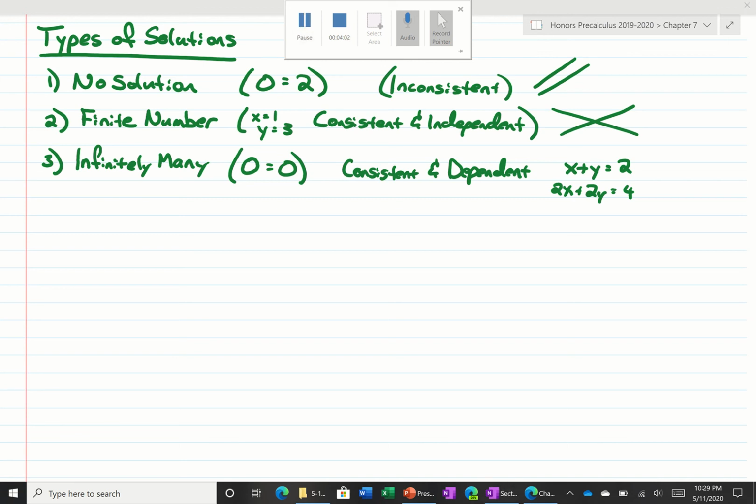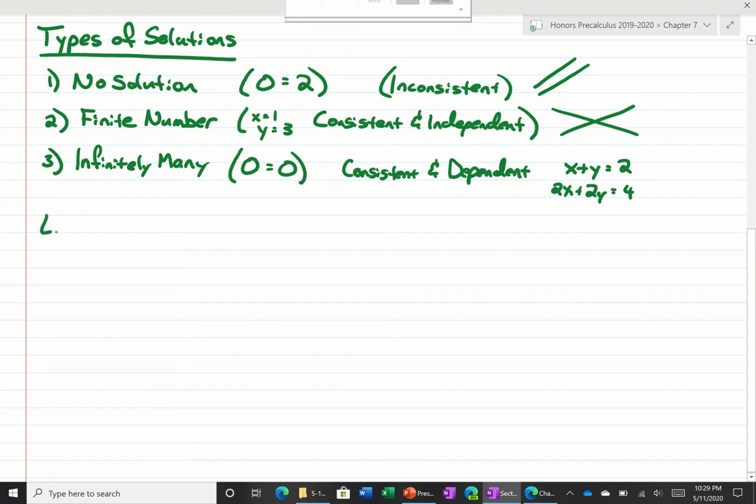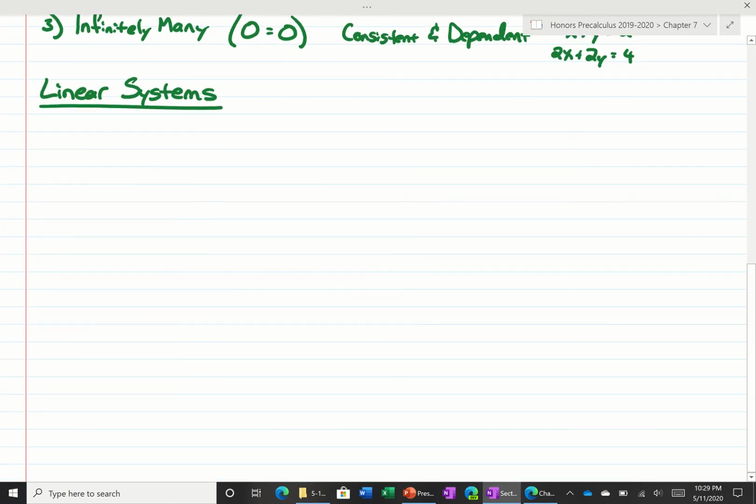So now let's take a look at some examples. First, let's look at some linear systems. We'll solve these using algebraic techniques. So for 5x plus 3y is equal to 9, and 2x minus 4y is equal to 14. Probably the easiest way to do this is by using elimination.